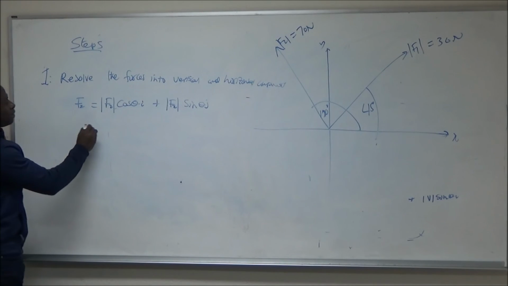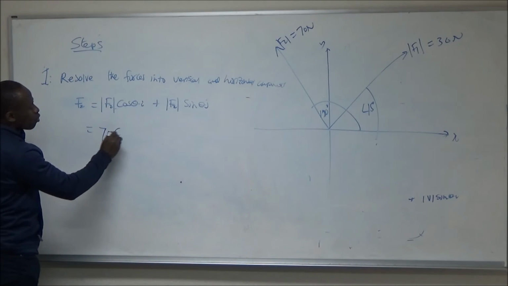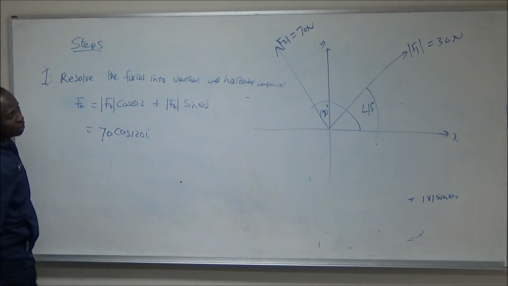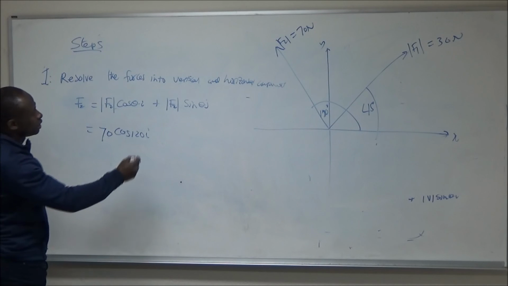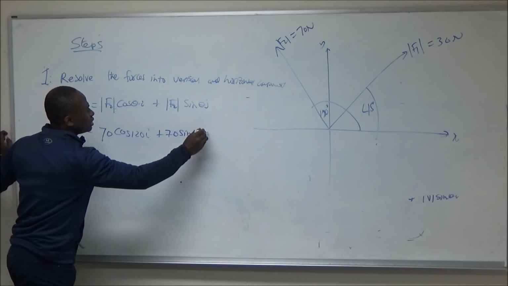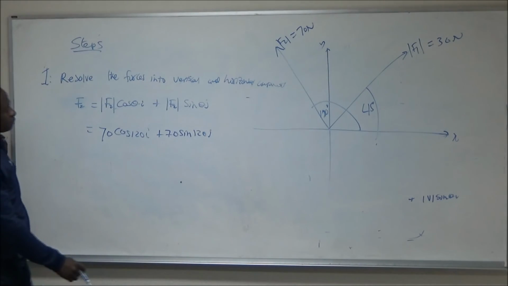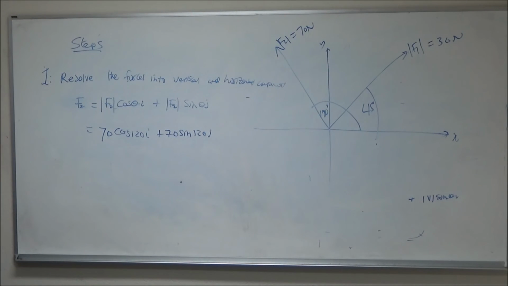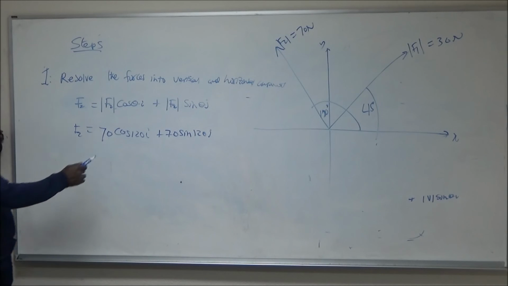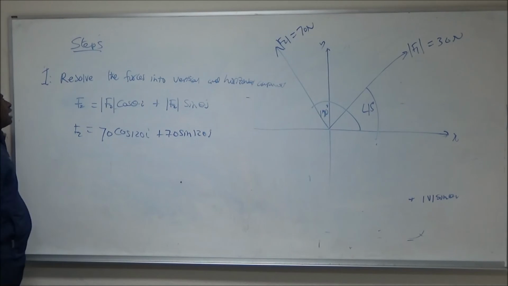So this is simply 70 cosine of 120 i, plus 70 sine of 120 j, using the angles with respect to the x-axis. That's your vector F2. Let's distinguish between the magnitude and the vector. The vector is not the same as its magnitude. But that's the vector, and that's the direction.